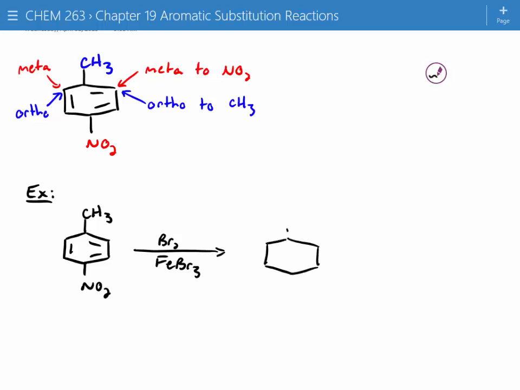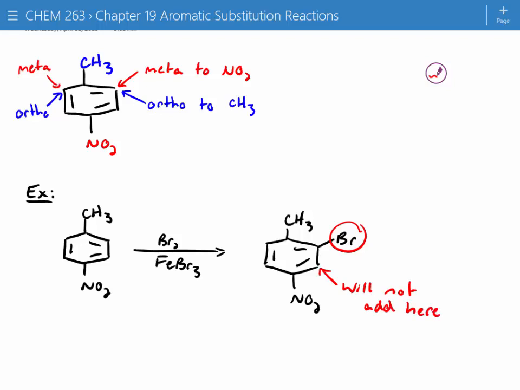We can predict that it will occur exclusively at that upper carbon, not the lower carbon, right? So the key is it will always add to this one. It will not add here. Simply because both groups are favoring the installation of the bromine in that particular position.